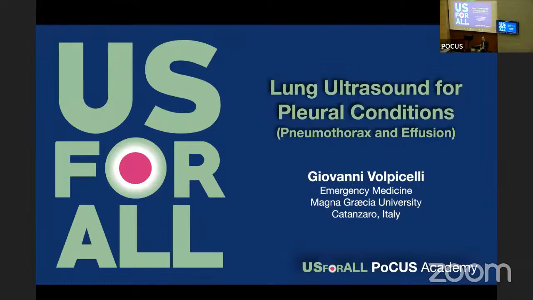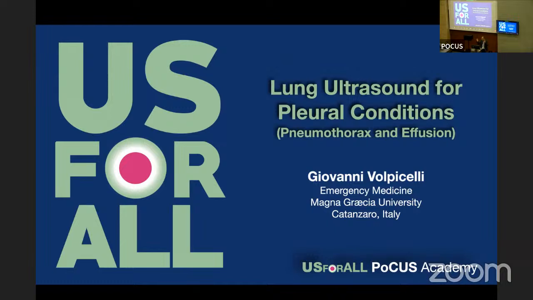The second point is to decide when the whole examination is positive or negative. And this depends on the number of positive scans that you observe in each patient. And the cutoff, when you perform anterior and lateral examination, is at least 2 positive scans per side.